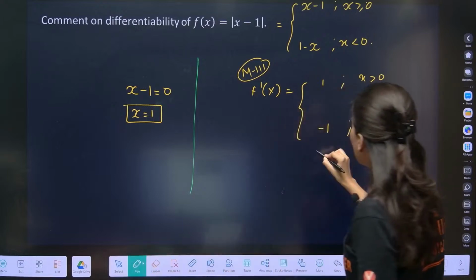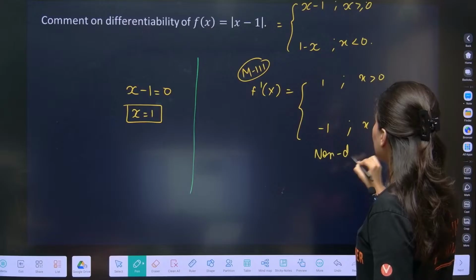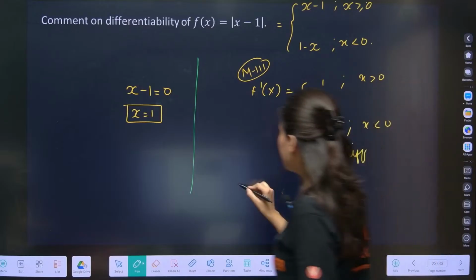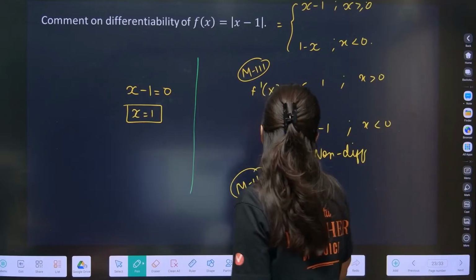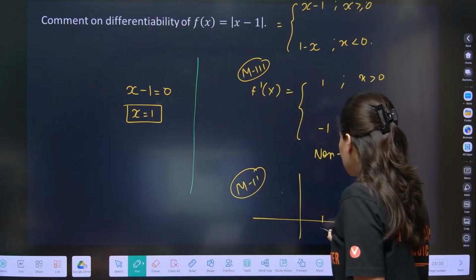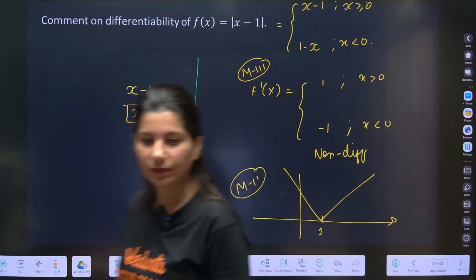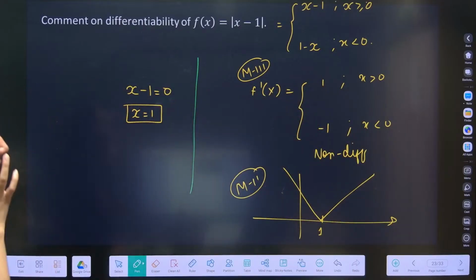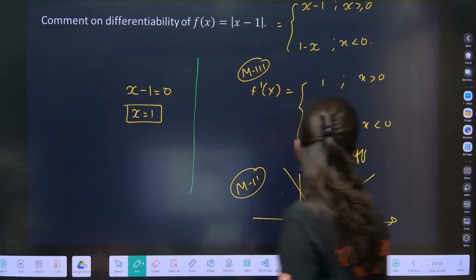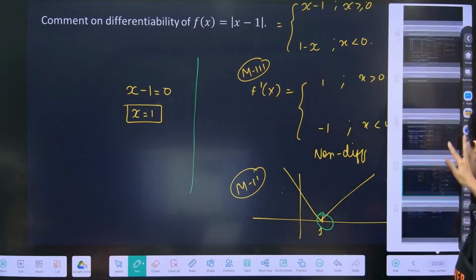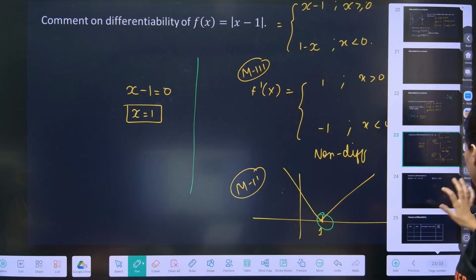Can you see, non-differentiable is coming? And even if you draw the graph, method number 2, graphical, mod of x minus 1, this is 1 and this is how it is. So that's why it is non-differentiable. Are you getting my point?